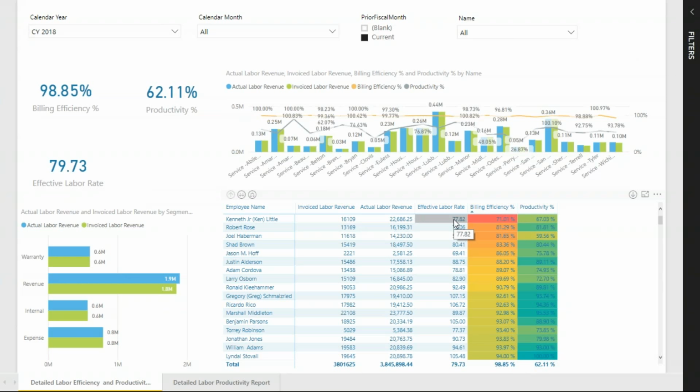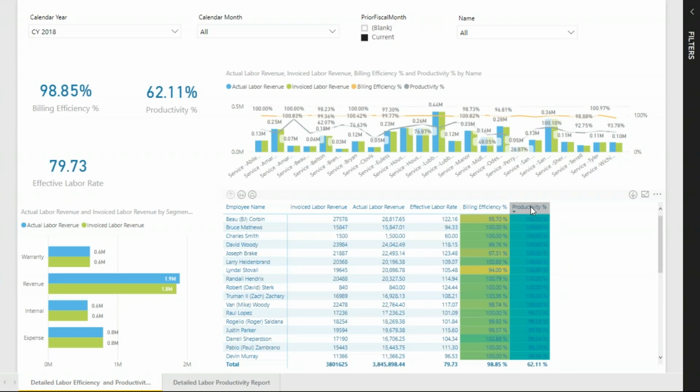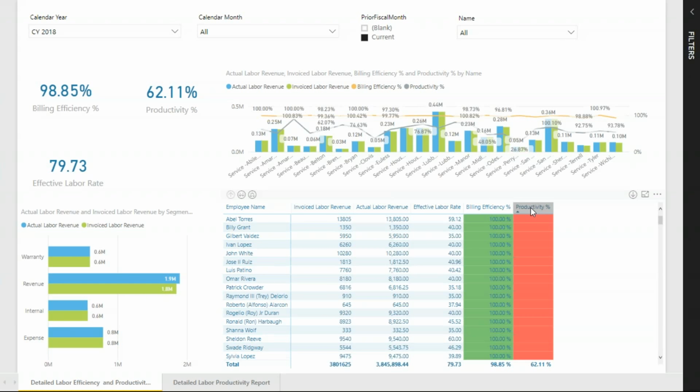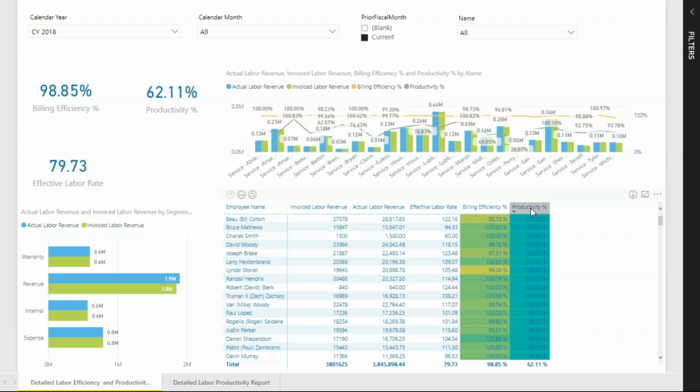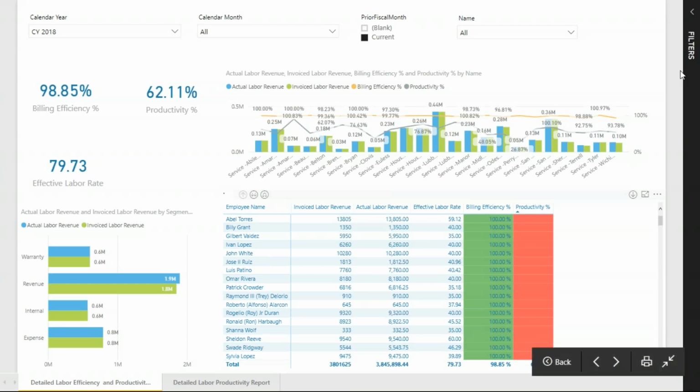What is the industry standard on productivity, or what's the goal? Our goal's 90%. We leave 10% for shop cleaning or training, that type of thing. But we may need to look at the monthlies too.